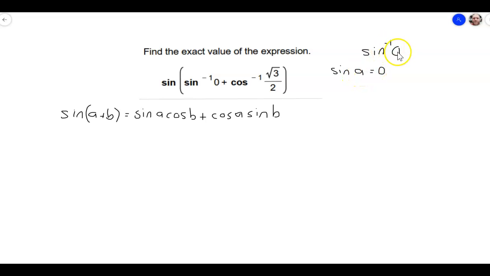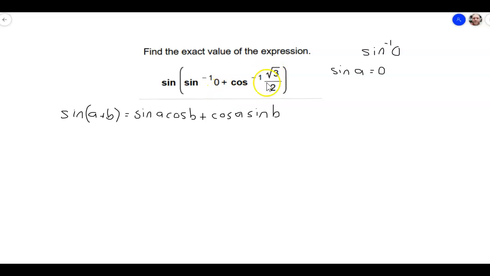That's the inverse sine of 0. It's just another way of saying that. So if you took the inverse sine of both sides, you would get that A is equal to the inverse sine of that value.